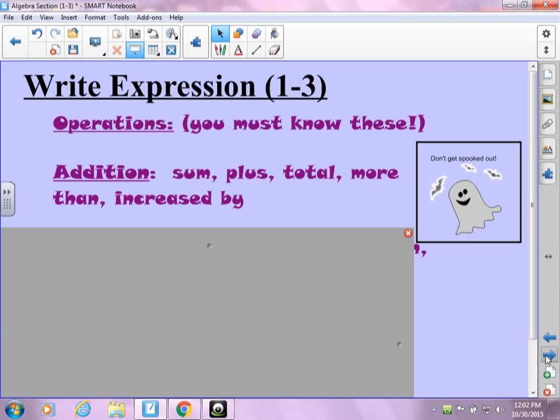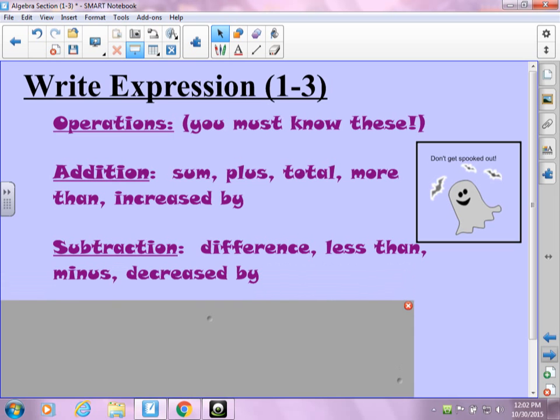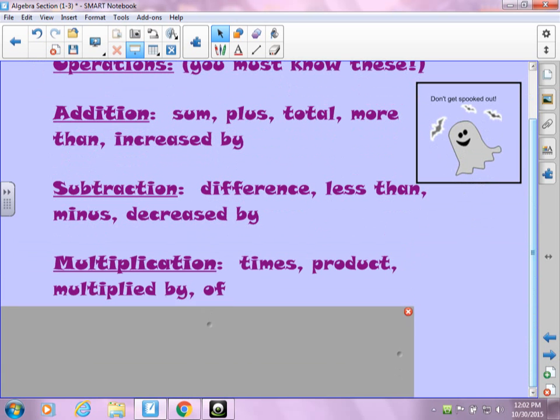First of all, addition. When we see words like sum, plus, total, more than, increased by, it means that you need to be adding. When you see words like difference, less than, minus, decreased by, you need to use subtraction. When you see words like times, product, multiplied by, and of, that's multiplication.